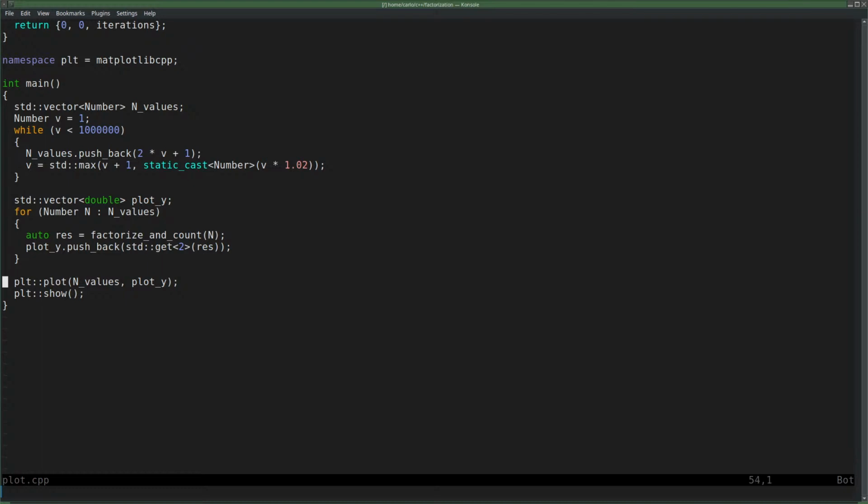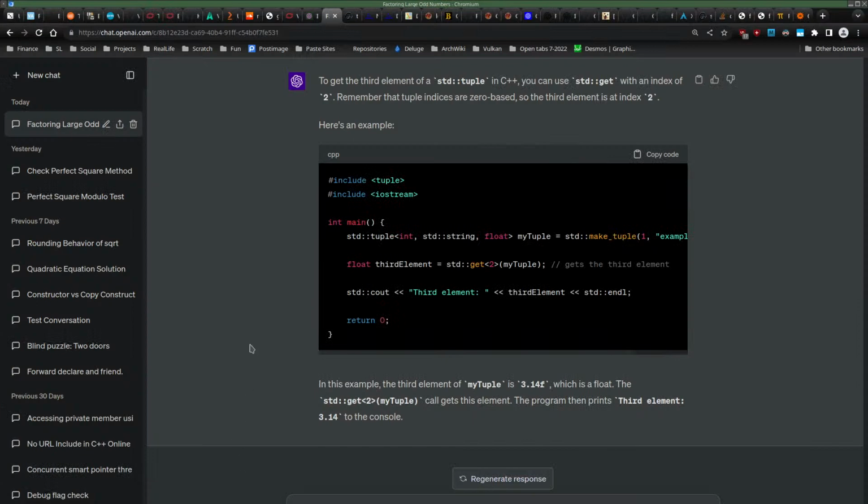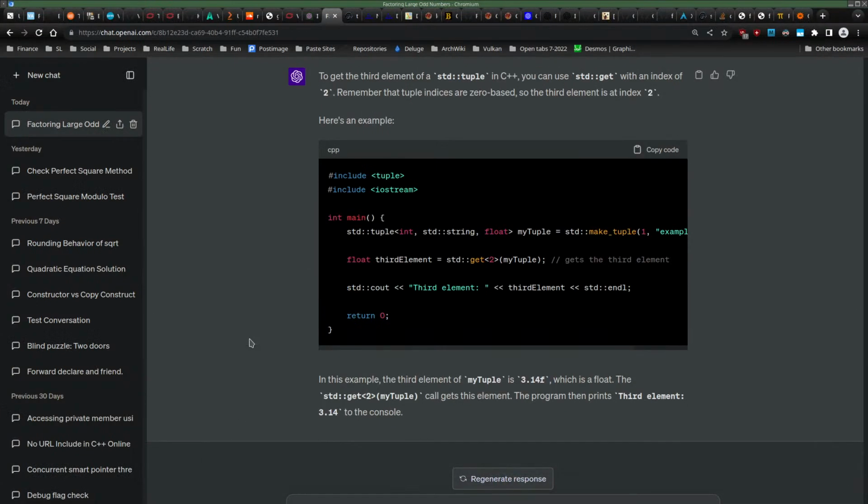I need to plot dots and not lines. This is plotting lines. I have no idea how to use this thing. So I'm just going to have to ask it again.